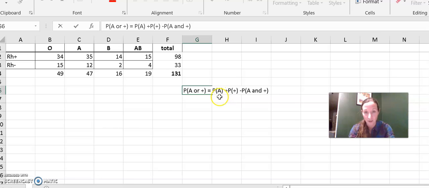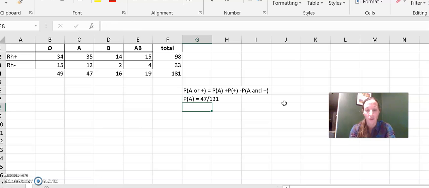So we got the A's here and the positives here. But in that, we counted the A positives 2 times and therefore have to subtract it off 1 time in order to count it correctly. So I have the probability of A is 47 over 131, and the probability of positive is 98 over 131.